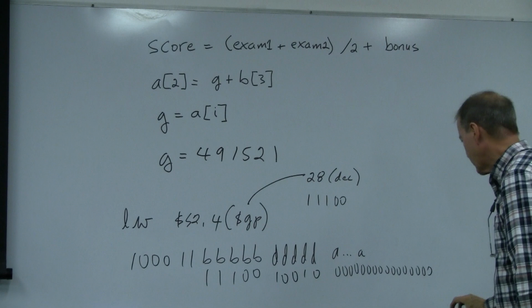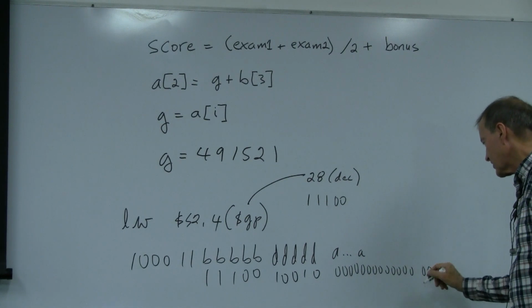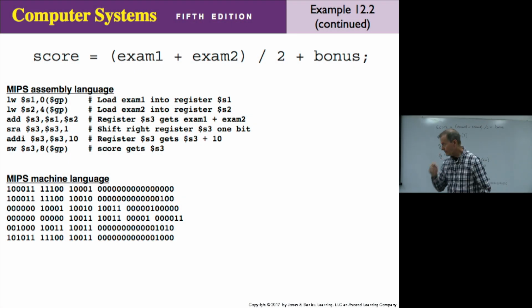But it's 4, so it's 1, 0, 0. Is that right? Well, let's see if that's what it is. I hope so, or I'm going to have to rewind this whole thing and do it all over again. Did we get it? Does everybody see how we got that?